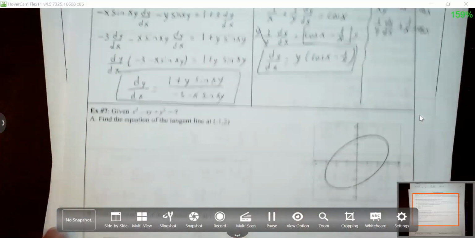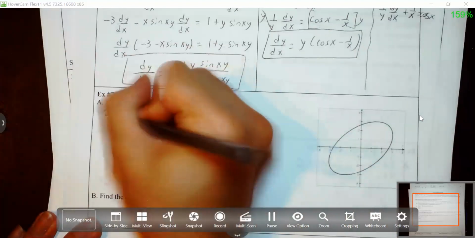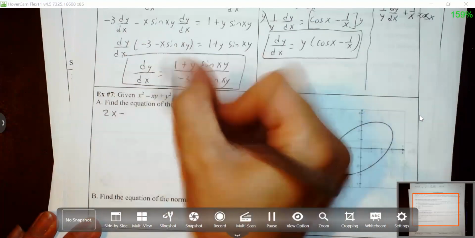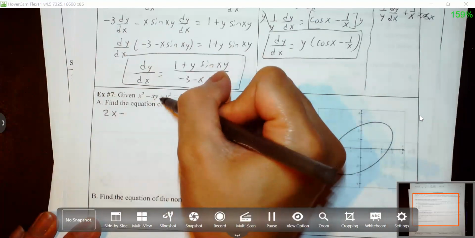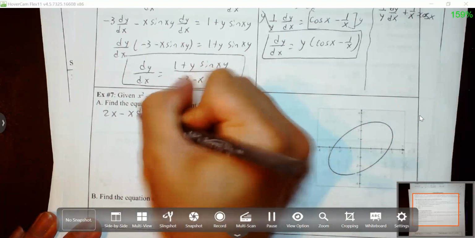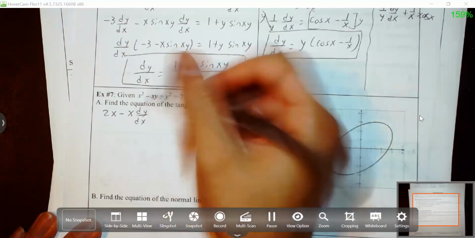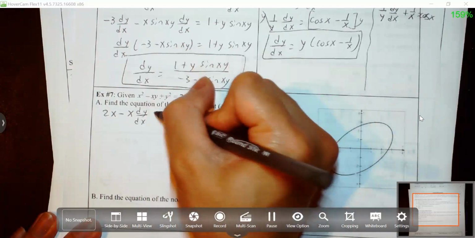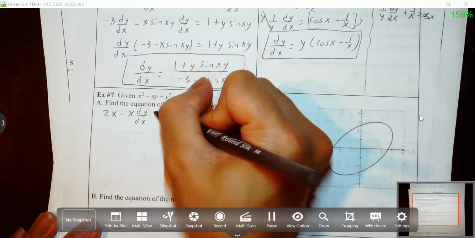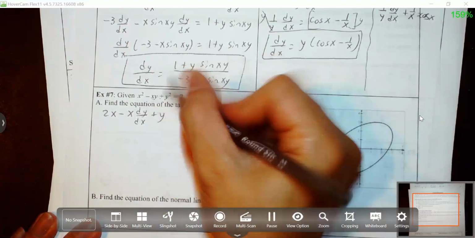So if I take the derivative, this is 2x. I have x times y, so I have to use the product rule. First times the derivative of the second. The derivative of y is dy dx plus the second times the derivative of the first.